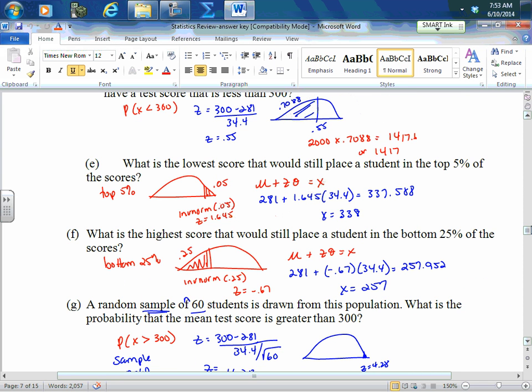What is the highest score that would place a student in the bottom 25%? Bottom 25 means I want 25% of the data right there. Inverse norm, find its z-score, plug your z-score into your formula. That will give you your x value, your cutoff.